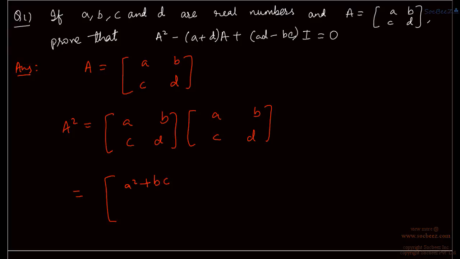The next is ab + bd. The next is ac + cd. And the last one is bc + d². Right? So now we know our A², we obviously know our A. I is simple, [1 0; 0 1].